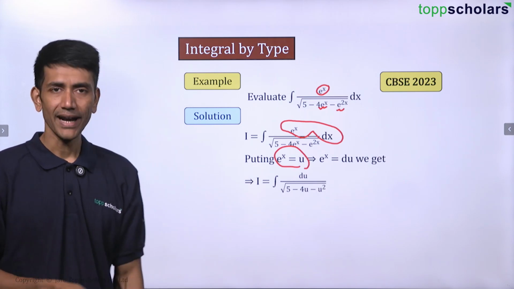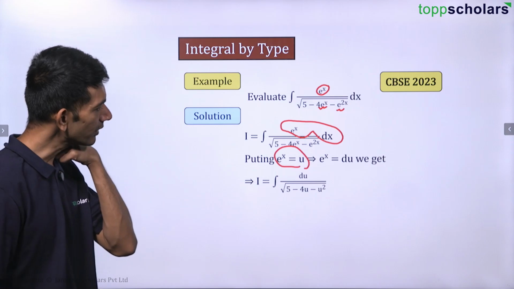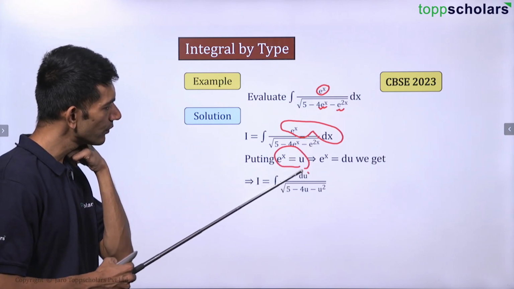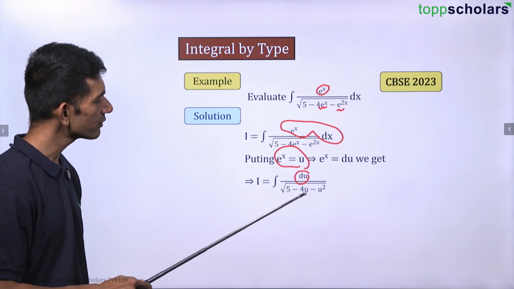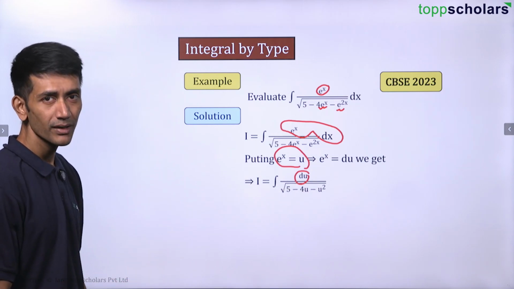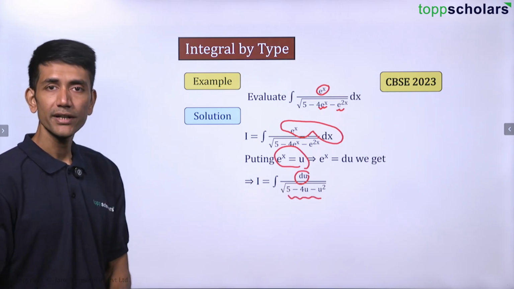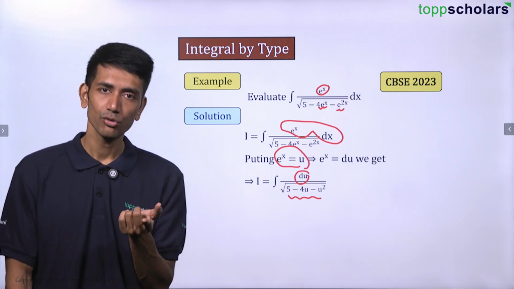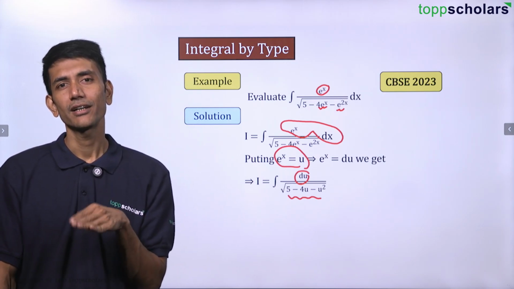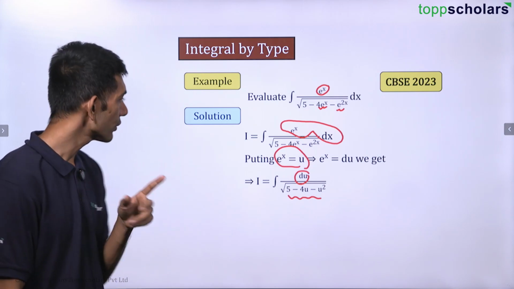So I get a quadratic in the denominator inside the square root. See, here I have du and in the denominator I have under root 5 minus 4u minus u square. Correct? Now again this quadratic needs to be converted in the form of under root of x square minus a square or under root of x square plus a square, isn't it? Either of the two forms.